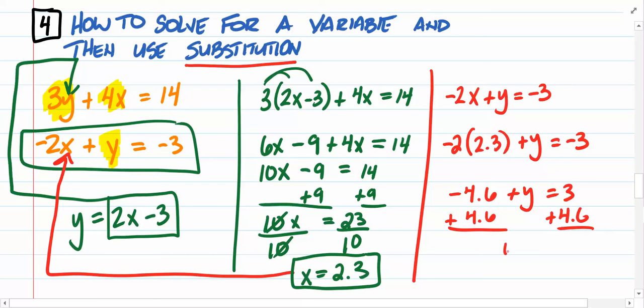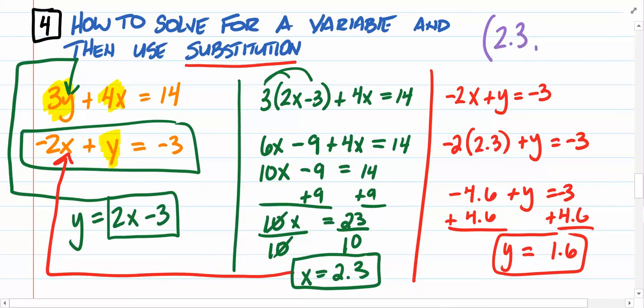And you get y is now equal to... Oh, this is a negative 3, excuse me. So you get 1.6. So therefore, the solution to this would be 2.3, 1.6. That was a hard problem.